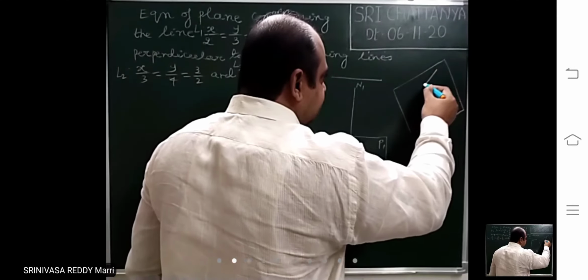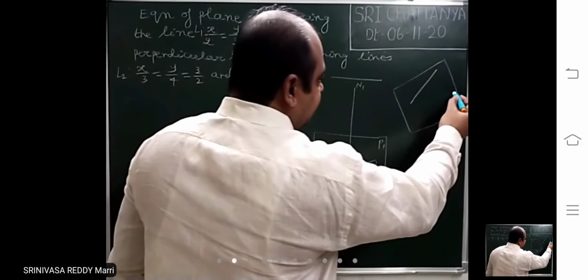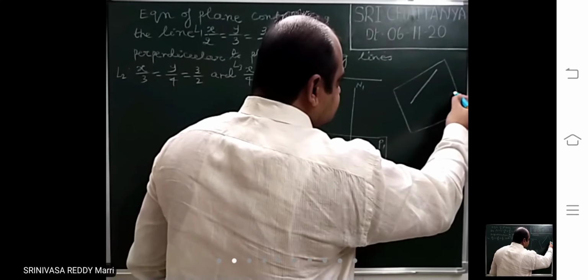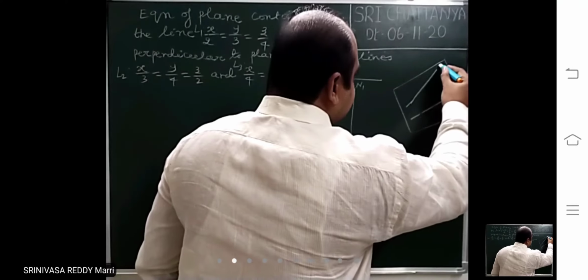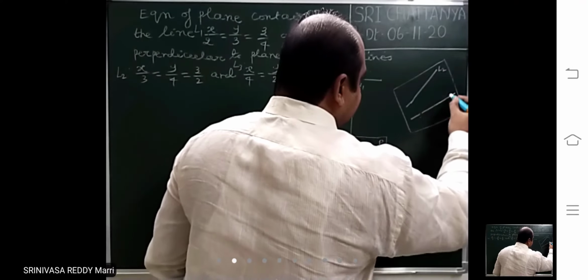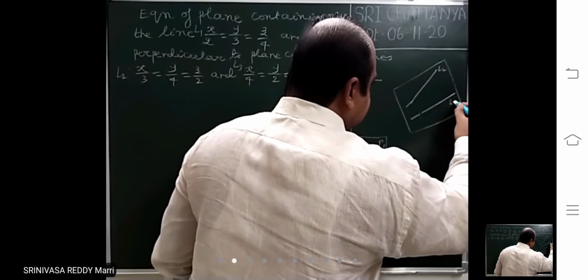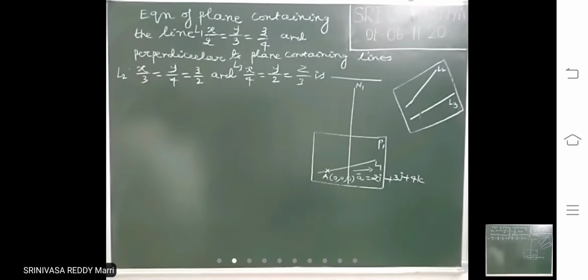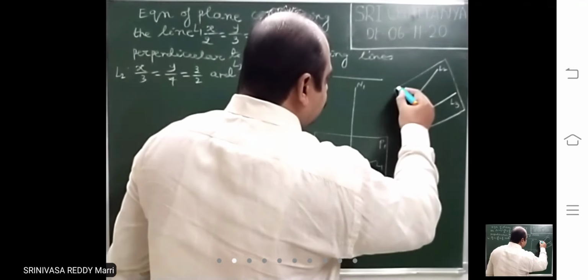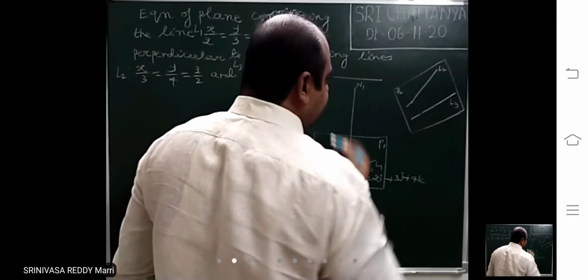Let us say this is plane 2. Plane 2 contains two lines, L2 and L3.